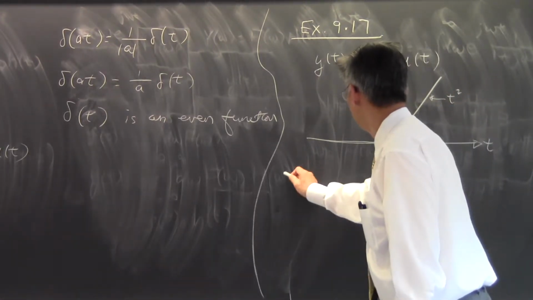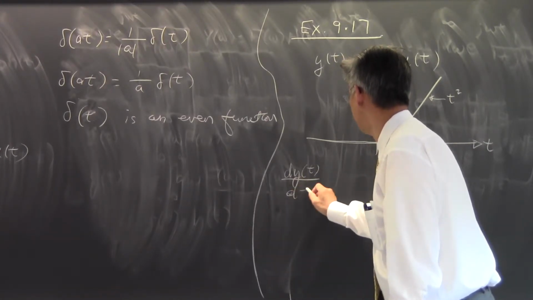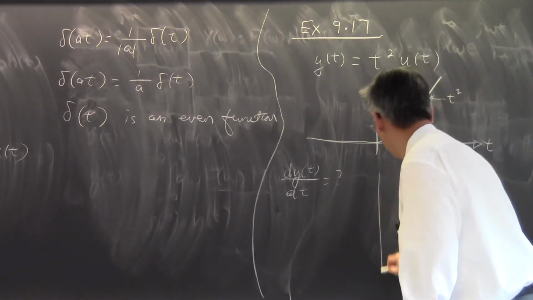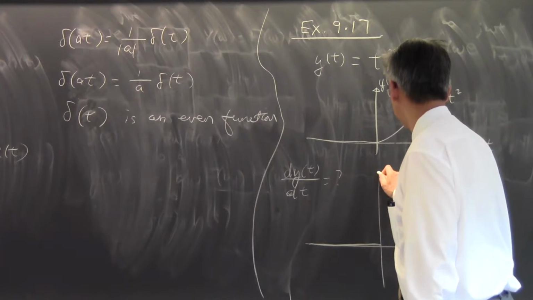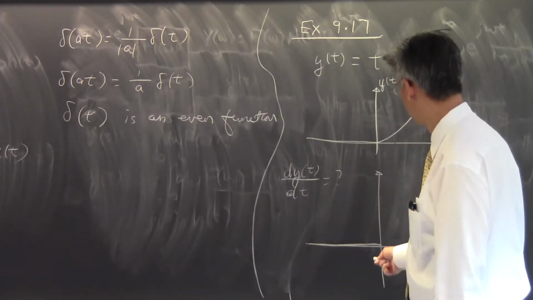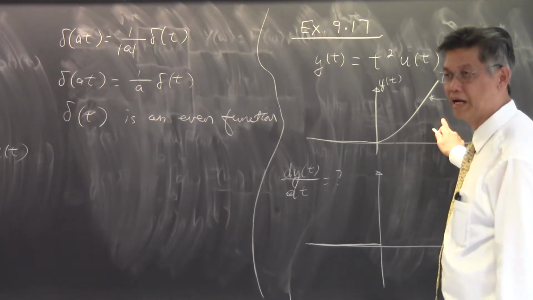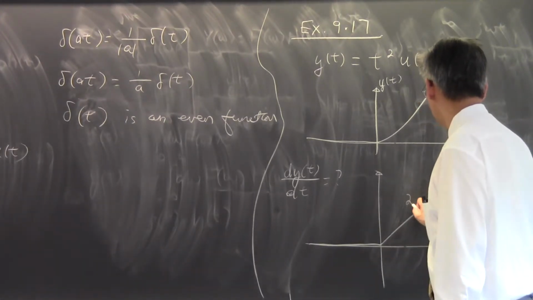So the book asks you to find the derivative of this function. Intuitively you can realize that the derivative of this will be 0 on the left. But over here, what does it become on the right hand side? 2t, right? Just 2t, very good.